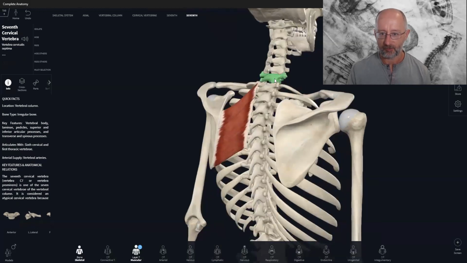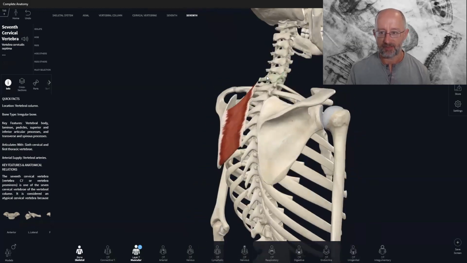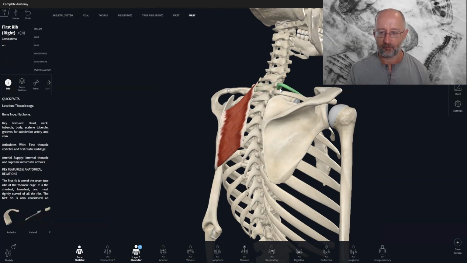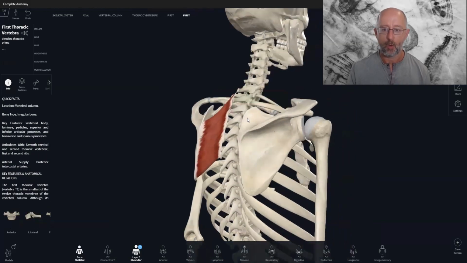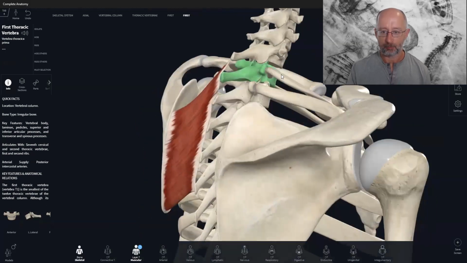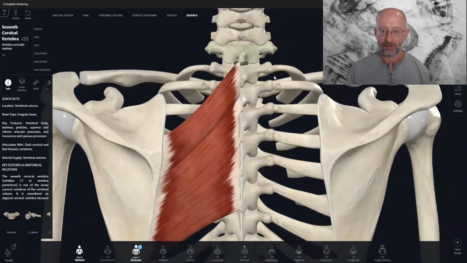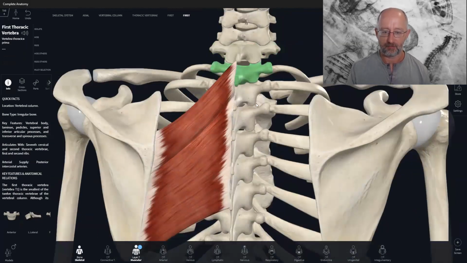So you've got some fascial attachments onto the seventh cervical vertebra, which is the base of the neck, and that's T1 here. The difference between T1 and C7 is that T1 has a rib attachment to it. So thoracic vertebra 1 will have a rib 1 attachment to it, whereas cervical vertebra 7 does not. That's the easy way you can tell the difference.